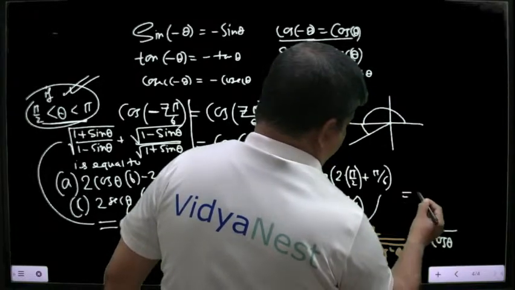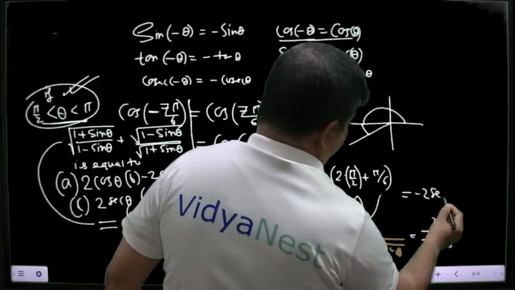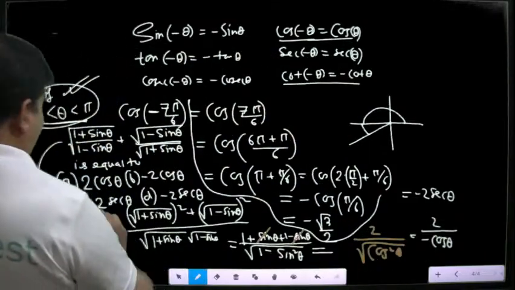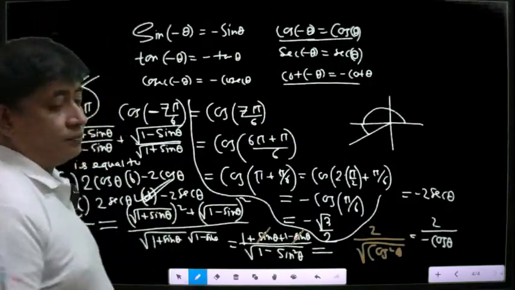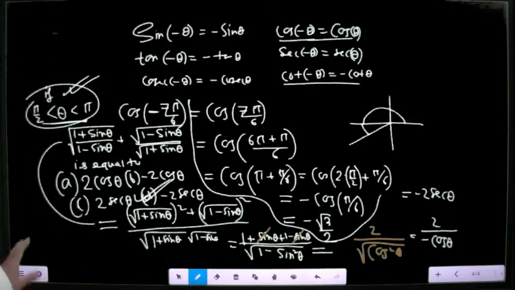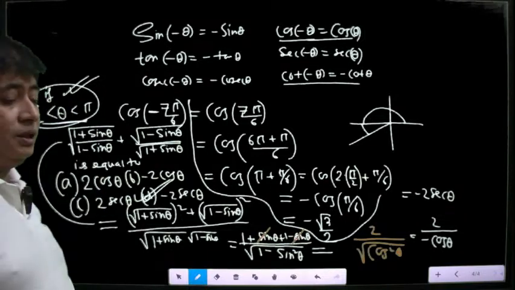So that will give you minus 2 sec theta, and now you can easily opt option D.